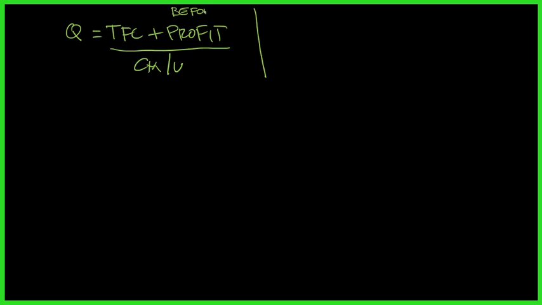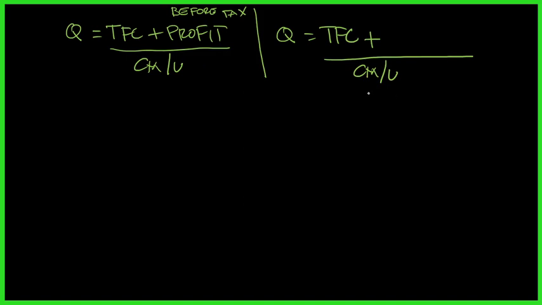Before deducting tax. But if you're looking for profit after tax, the formula will be quantity is equal to total fixed cost plus the grossed-up profit, over contribution margin per unit. You see the pattern here?